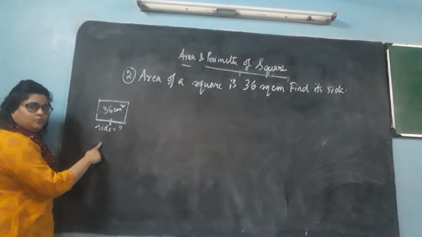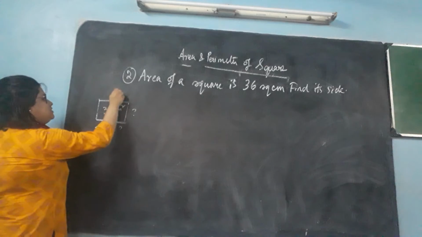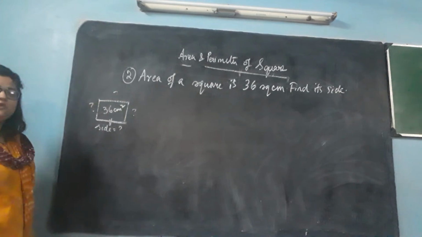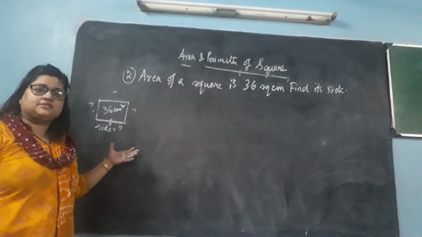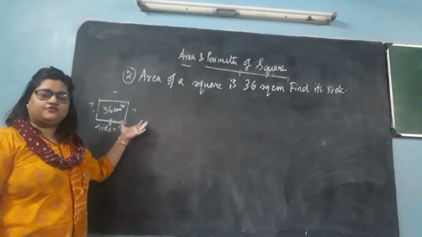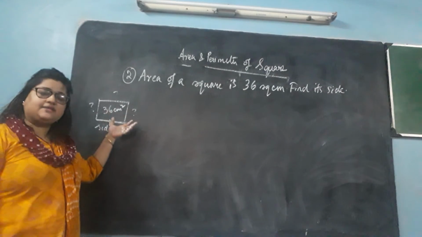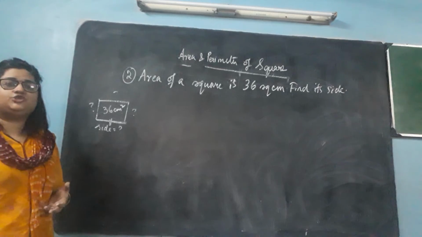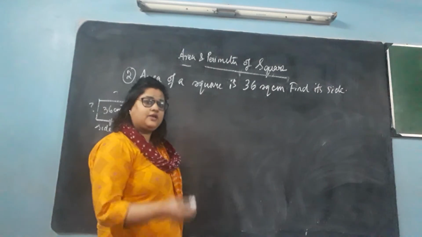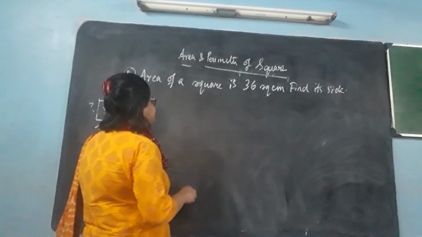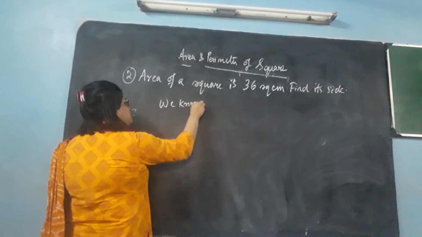If you can find one side, you know that a square has all the same sides, so all the sides will be known to you. Here the question is different. Earlier the side was given and you had to find the area using the formula side into side. Now the area is given, and you have to find the side of the square. So how will we do it? We apply the formula of area.